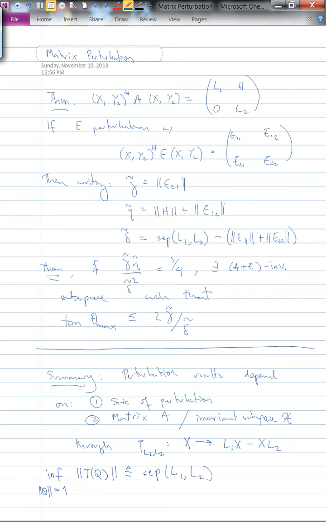So this was the definition of the separation of L1 and L2. And a final theorem that I'll give before moving on to Hermitian matrices is a bound on this that's a little bit easier to handle intuitively.